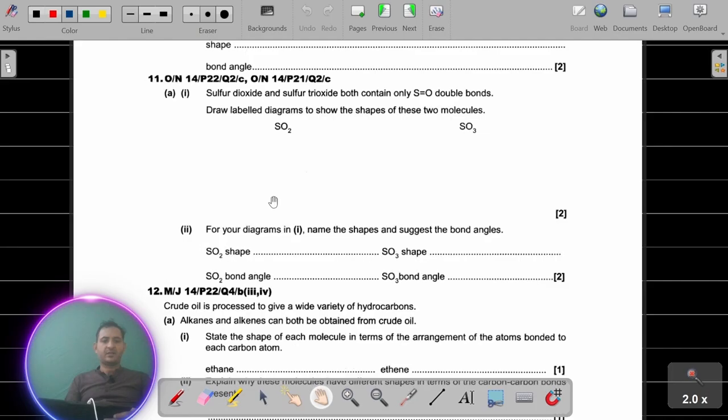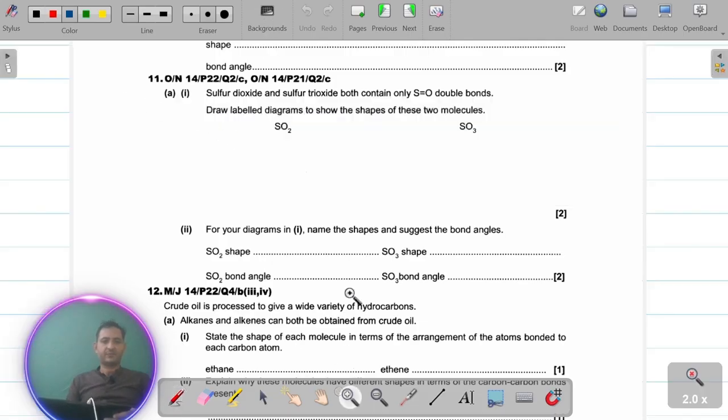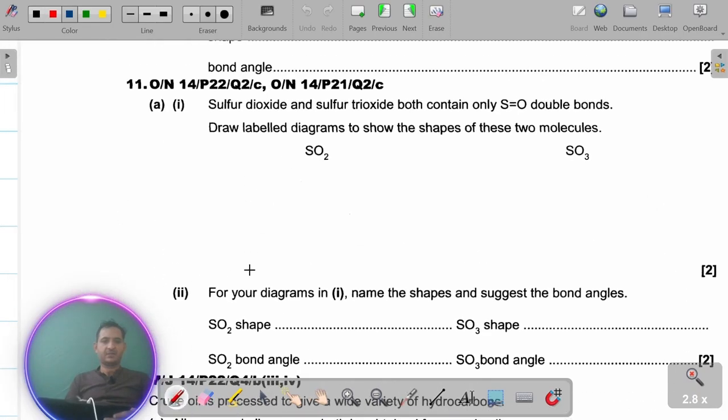Sulfur dioxide, I think we have already done this, SO2 and SO3. The shape of SO2: it is S with two oxygens and a lone pair of electrons.